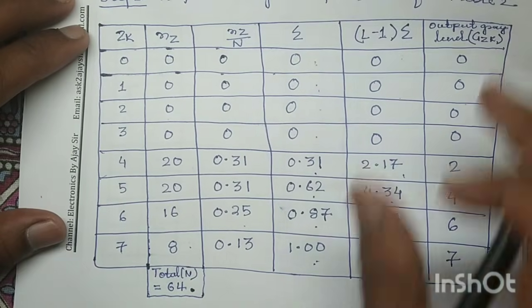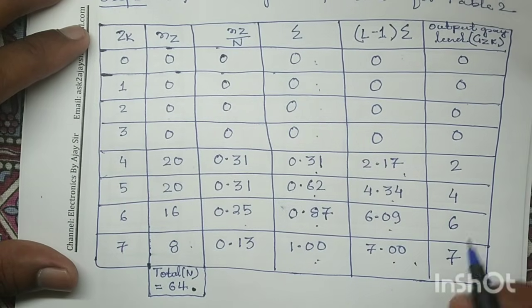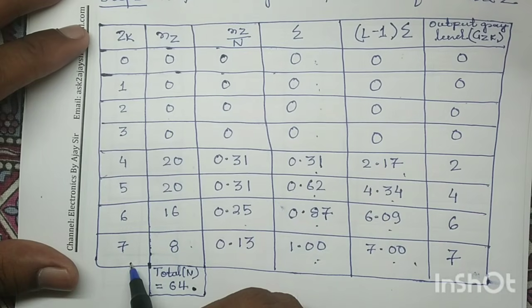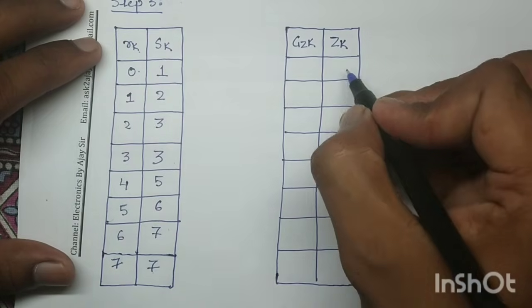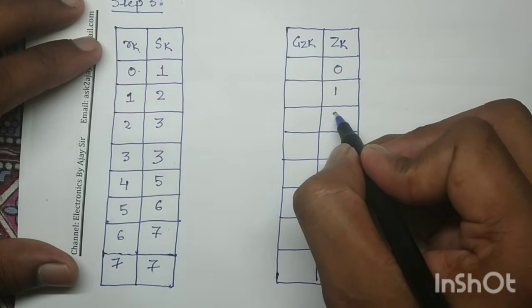So from the result of histogram equalization on table 2, this is my ZK, which varies from 0 to 7. So here I will write ZK varies from 0 to 7.